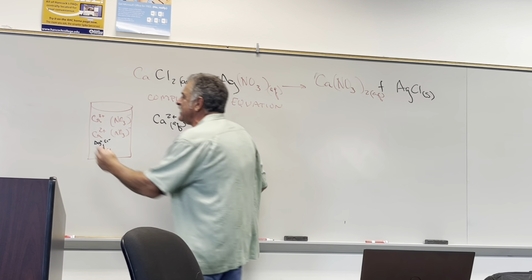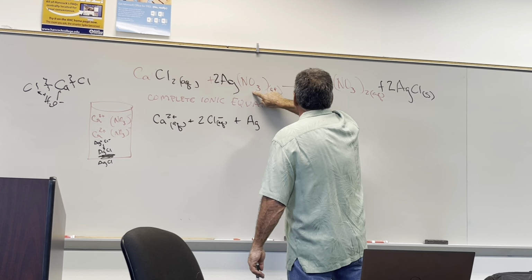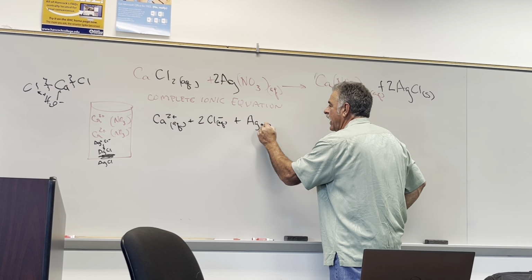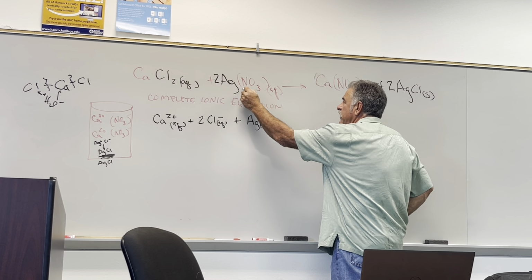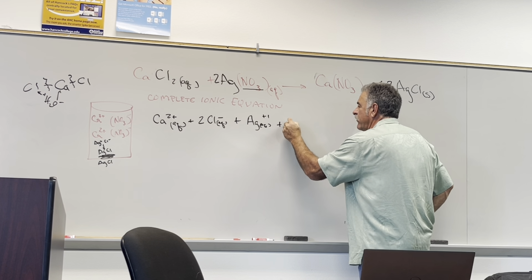You start with a balanced chemical equation. Same number: 1Ca, 1Ca, 2 Cls, 2 Cls, 2 silvers, 2 nitrates, 2 nitrates, 2 silvers. So that's balanced. This comes apart on the reactant side, aqueous, and it's a +1. We know it's a +1 because there's only one nitrate. And then what else is over here?